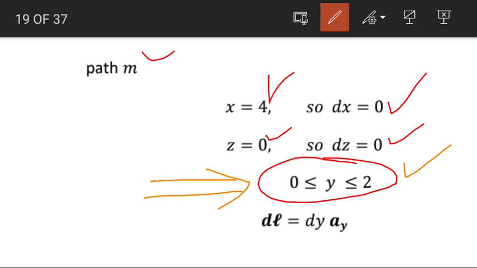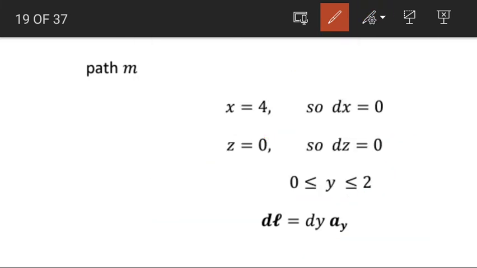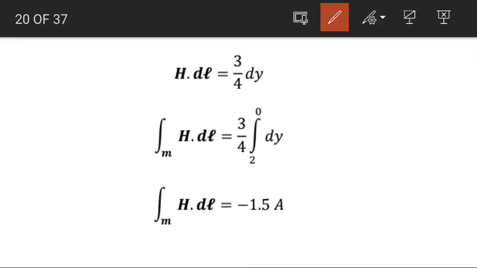As y is changing only, definitely the differential length vector will be equal to dy ay, and we calculate H dot dl. H dot dl results in 3 by x dy, and as x is 4, we get 3 by 4 dy.